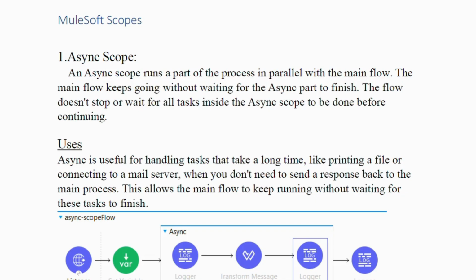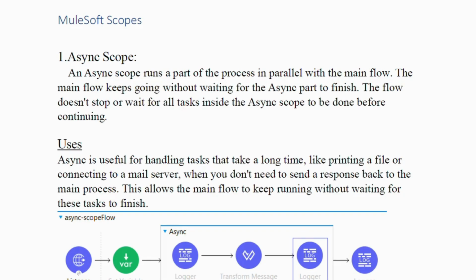This makes it perfect for long-running tasks like connecting to the mail server or printing files. Key points: run tasks in parallel, doesn't return the data to the main flow, useful for non-blocking operations.